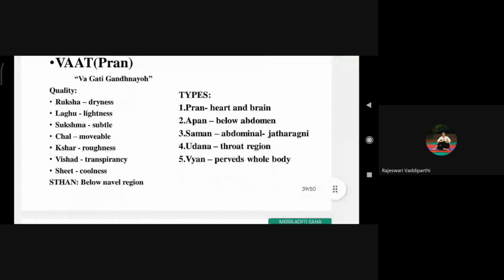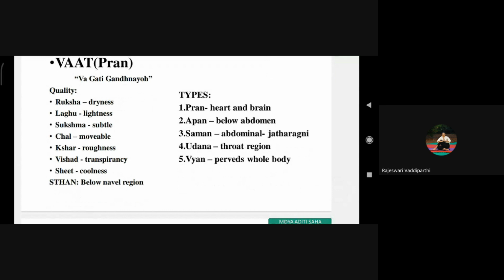Apana resides below the abdomen. Samana resides in the abdominal region.